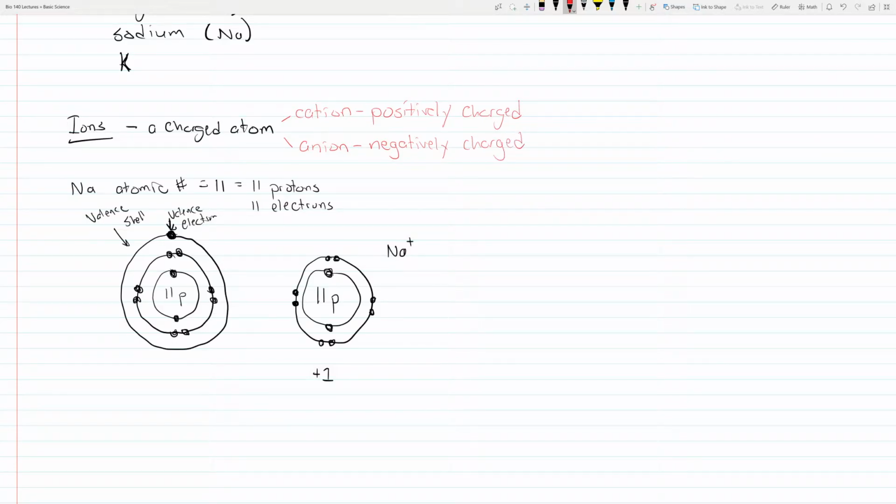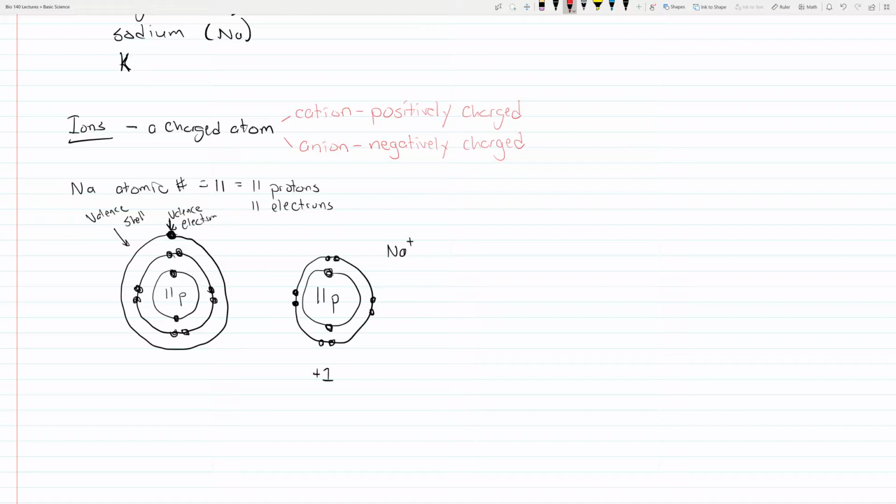One of the questions I'm typically asked by students is, why can't you just add or remove a proton to balance out charges? The reason is if you add or remove a proton, you're changing the element. We can only mess with electrons when we want to change charges on atoms. If I want to make an atom more negative, I have to add more electrons to it.